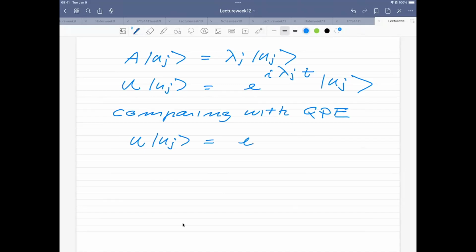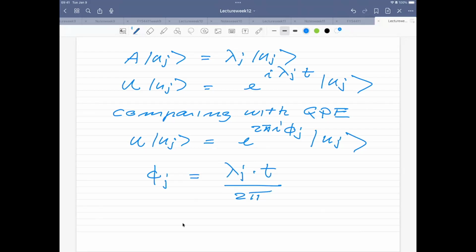This is something which we then can rewrite as e to the power 2 pi i phi j multiplied with u of j. And this relation is what we discussed last week. I gave you a kind of digression where we show that this expression is correct. And this is the same as lambda j times t divided by 2 pi.